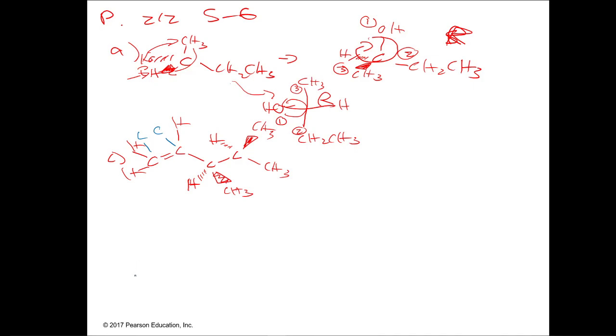That's how you consider it. So this is going to be 3, because this is lowest priority. These two both have other carbons. So we go carbon, and then 1, 2 carbons. Then carbon, and 1, 2 carbons.